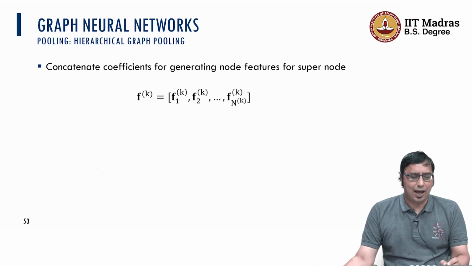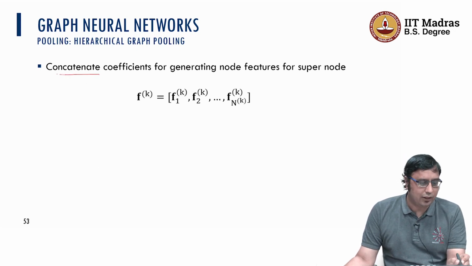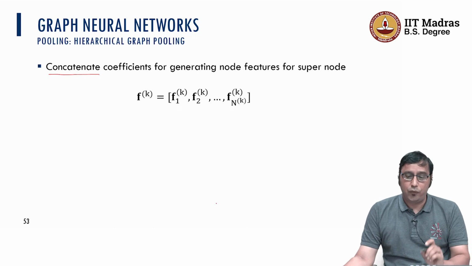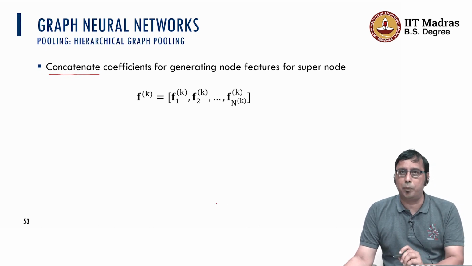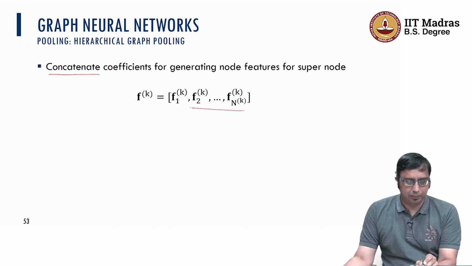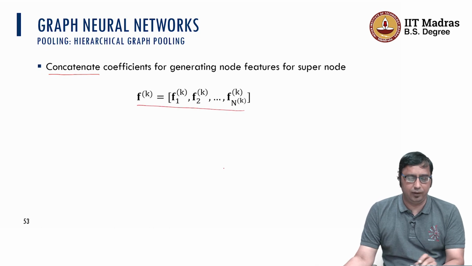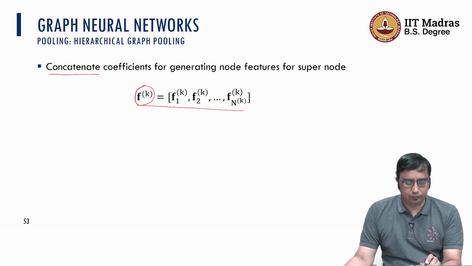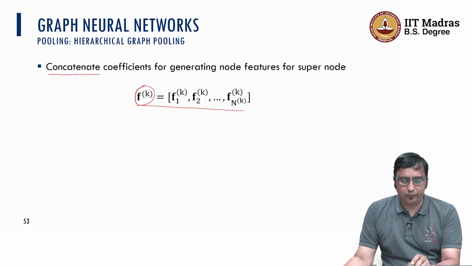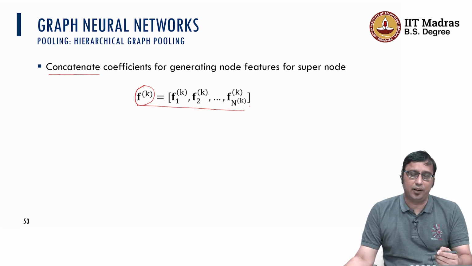Then I will concatenate all these coefficients to generate node features for the supernode, which we call f^k. This is the feature of the kth supernode, where f_1^k, f_2^k, up to f_nk^k are the features for the individual nodes in the kth cluster.